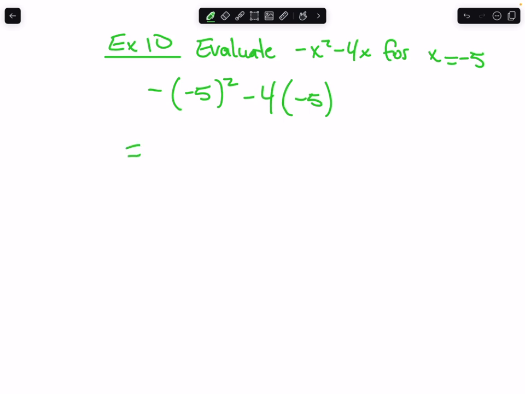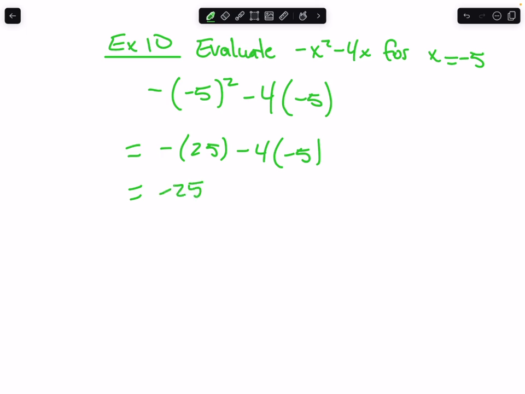Okay, so we use the order of operations. We have this exponential expression, negative 5 squared. Negative 5 squared is 25 because we have an even number of negative factors. So we have the negative of 25. And then we can copy the rest down, negative 4 times negative 5. So negative of 25 is just negative 1 times 25, so negative 25.